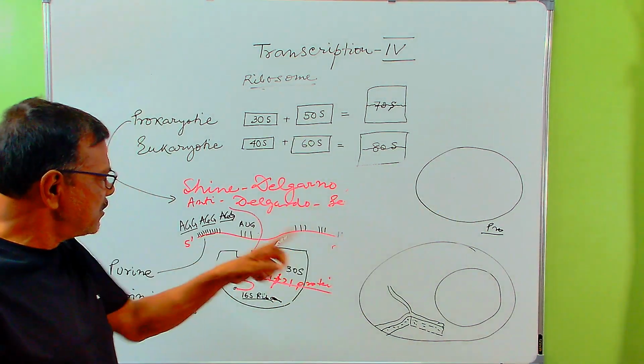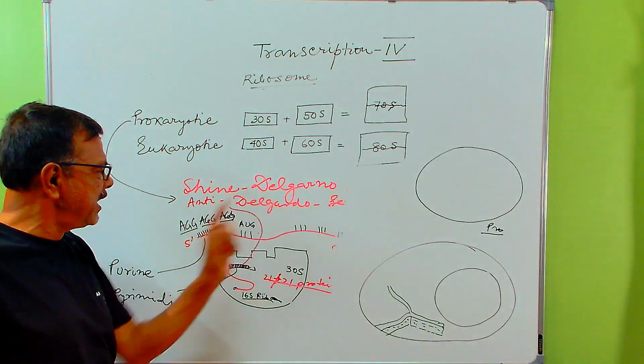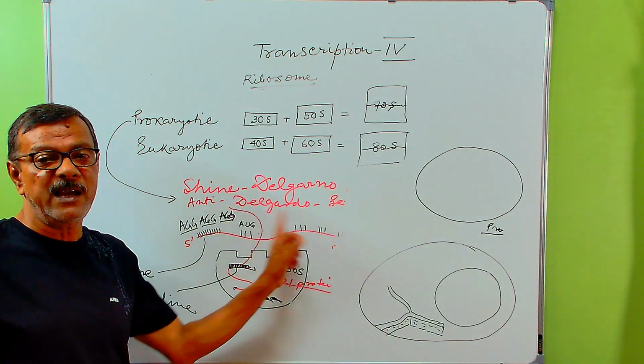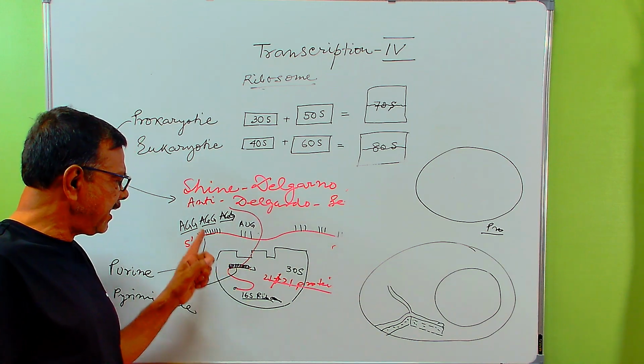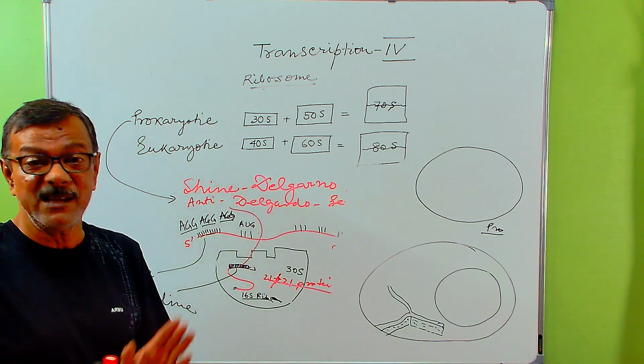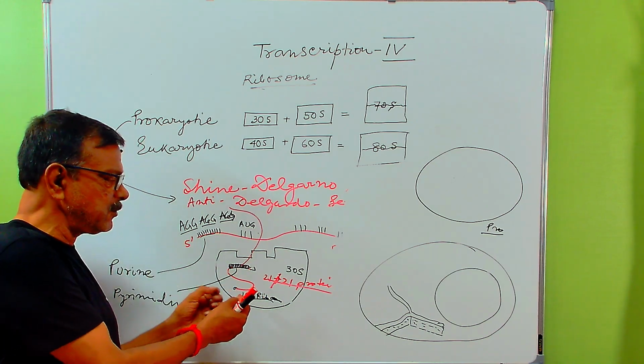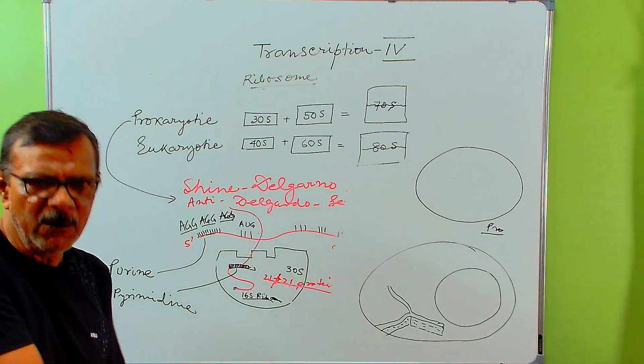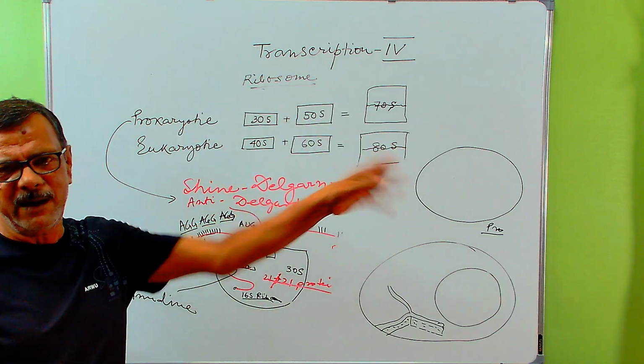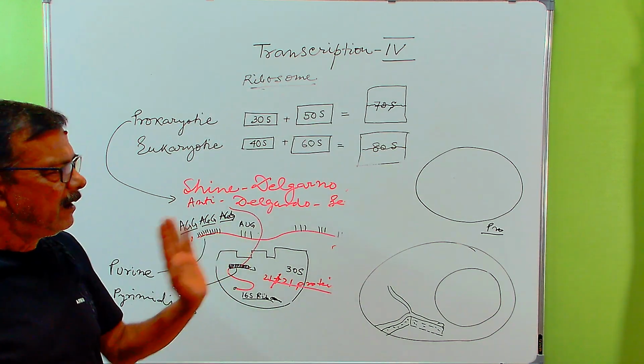So in prokaryotes we have the Shine-Dalgarno sequence and anti-Shine-Dalgarno sequence where the mRNA attaches itself with the smaller unit, the 16S ribosome or 30S ribosome of the smaller unit of ribosome. Clear?